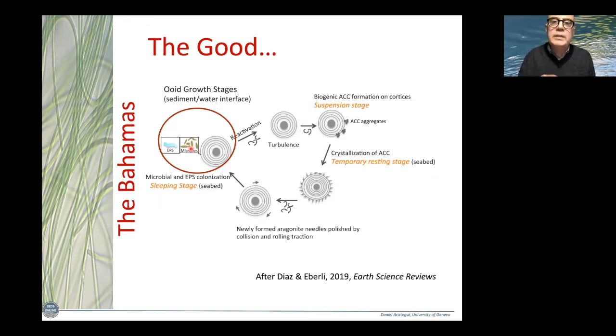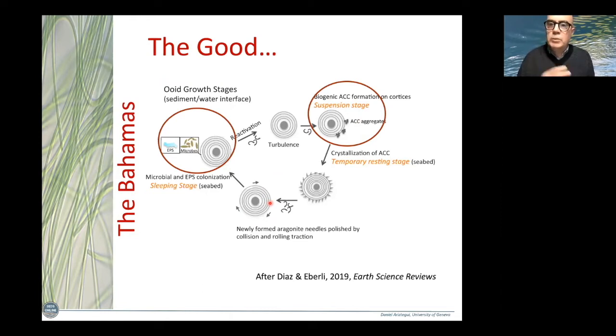precipitating, forming, in this case, mostly amorphous carbonate. And then with the turbulence, they go to the suspension stage and they start to aggregate this amorphous carbonate and they start precipitating. And well, this is a different cycle than in Lake Geneva, because the composition of the water, marine water, is very different.